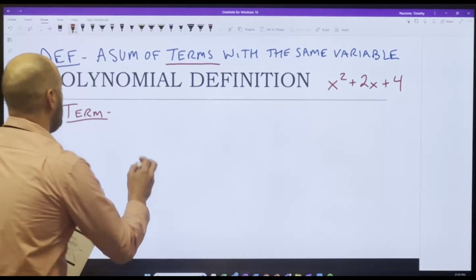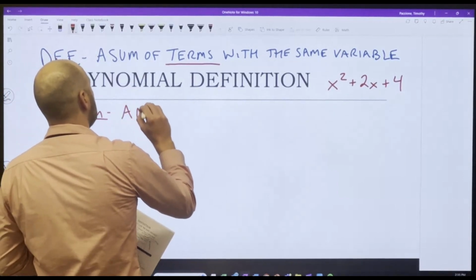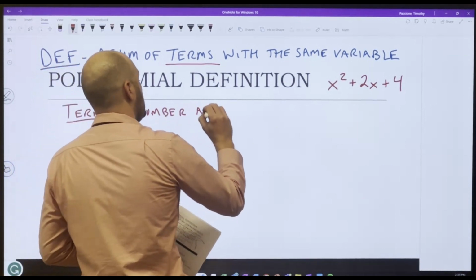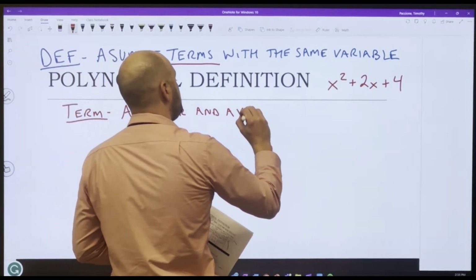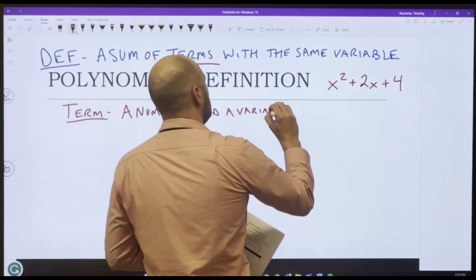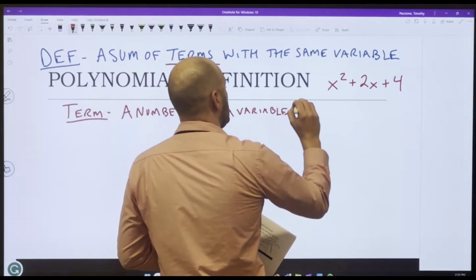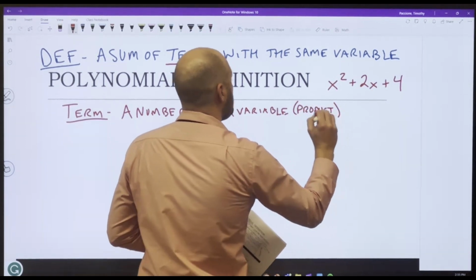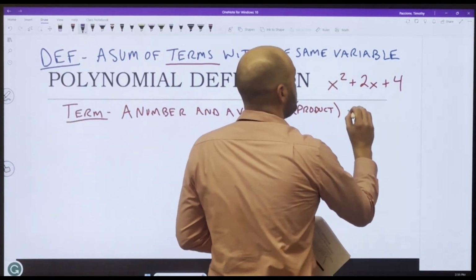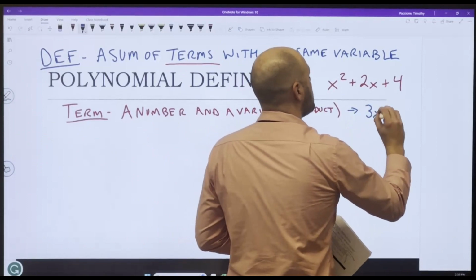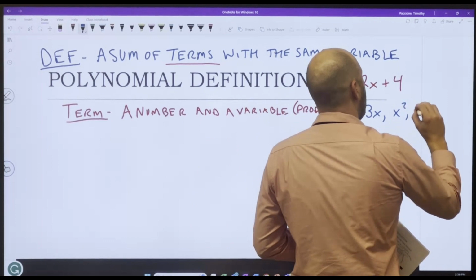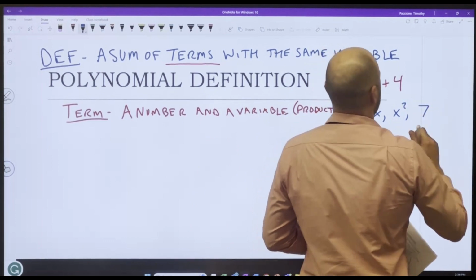Okay, a term is a number and a variable. And it's the product, it's multiplying them. So for example, you might have 3x. You might have x squared. You might have 7.